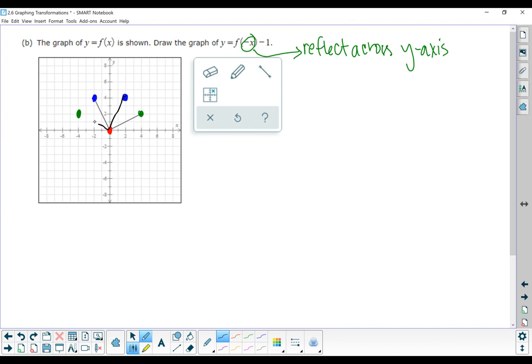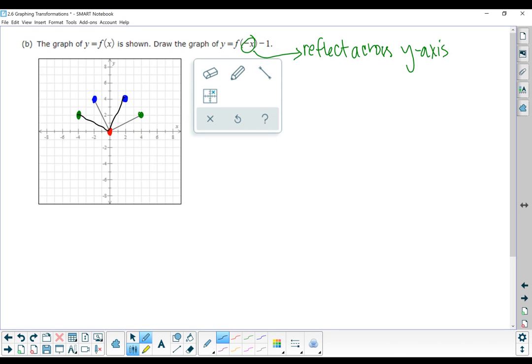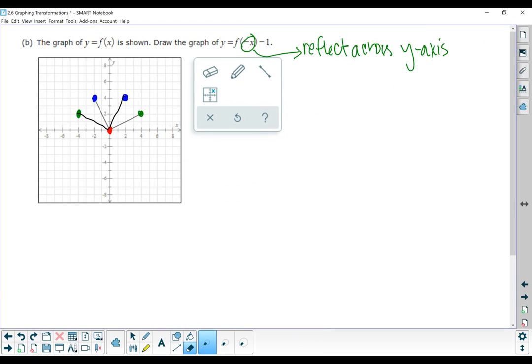So right now my shape is this one. I'm going to delete these. And then I also need to shift it down 1 unit. So shifting it down 1 puts it here, here, and here.